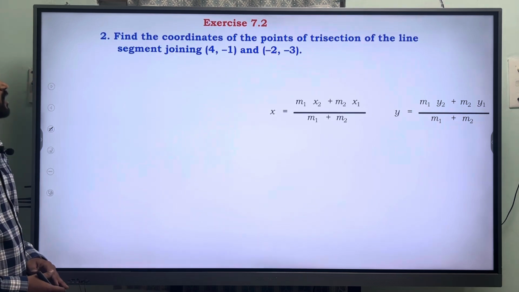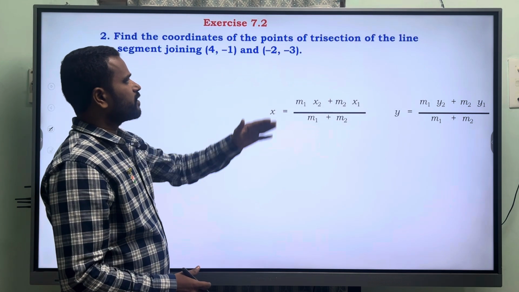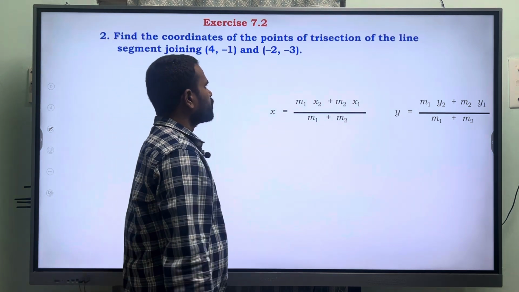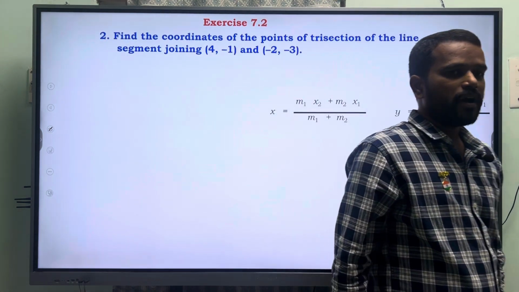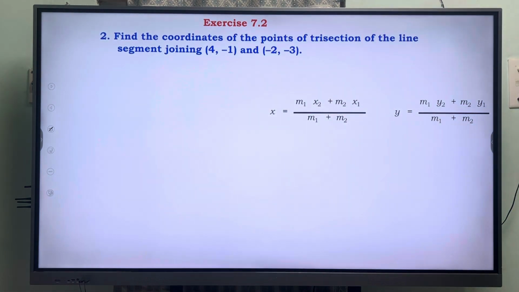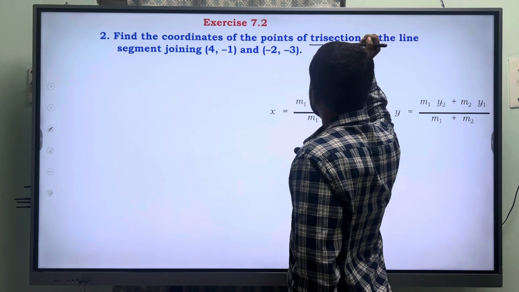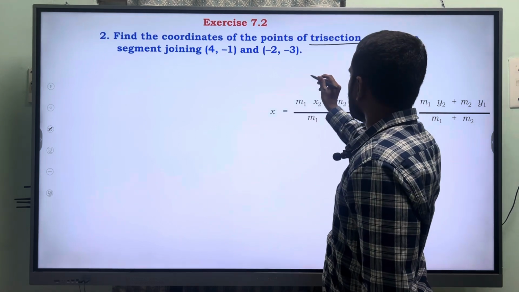Okay. Now see here, find the coordinates of the points of trisection of the line segment joining (4, -1) and (-2, -3). He is telling that it is trisection.